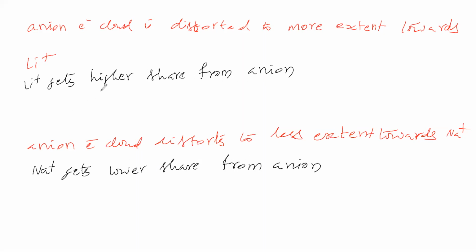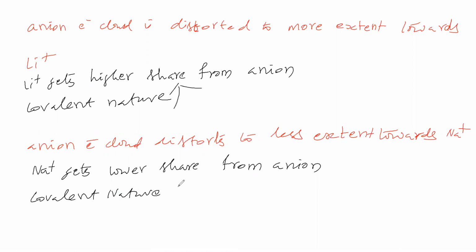Because of the anionic electron cloud, Li plus gets covalent nature. Since Na plus shares some anion electron cloud, it gets some covalent nature. Li plus gets a higher share, therefore covalent nature is high. Na plus gets a lesser share, therefore covalent nature is low.